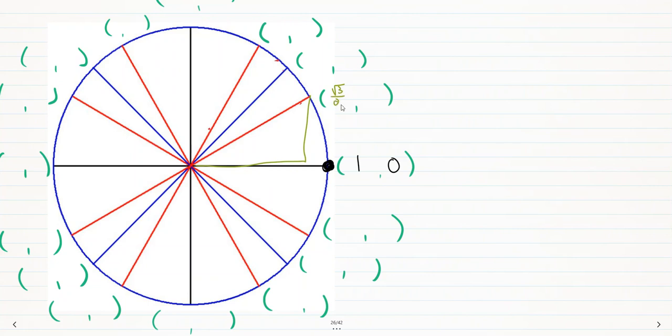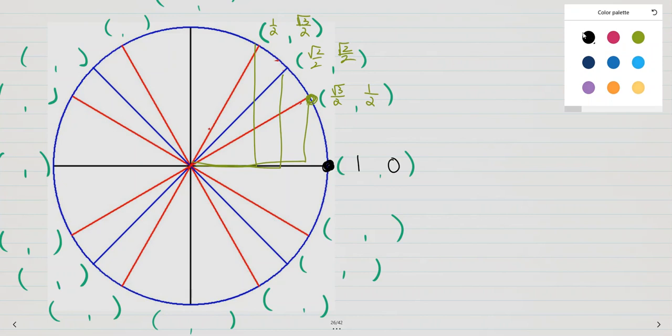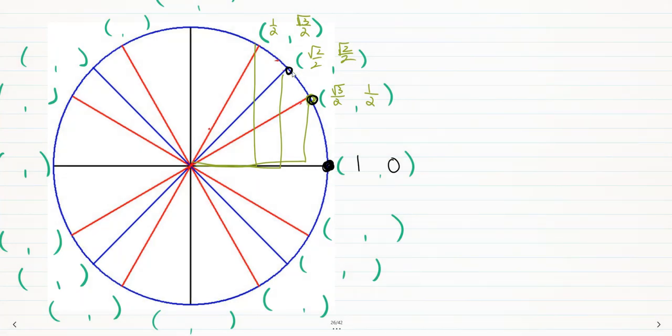So we have square root of 3 over 2 for the X or the cosine, and a 1/2 for the Y. And then we have a medium, so square root of 2 over 2, square root of 2 over 2. And we have a short line, long line, so a 1/2, and then a square root of 3 over 2. All I'm doing is finding the ordered pairs for these points on the unit circle.